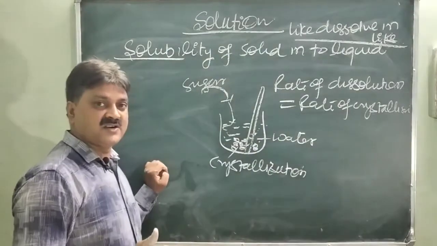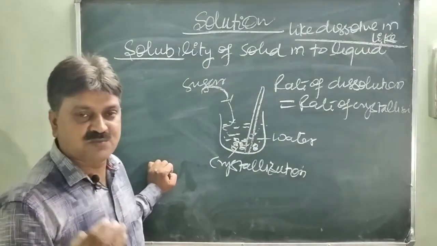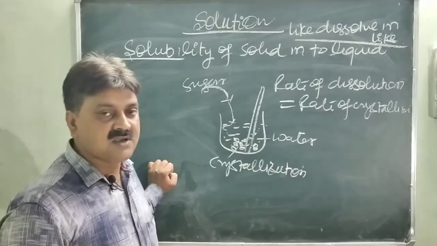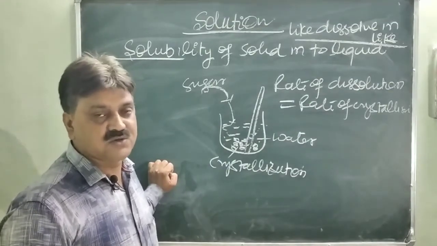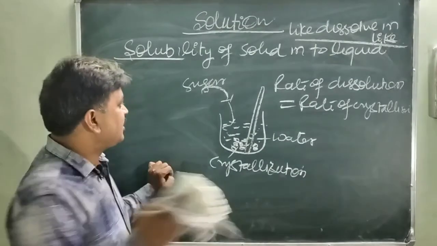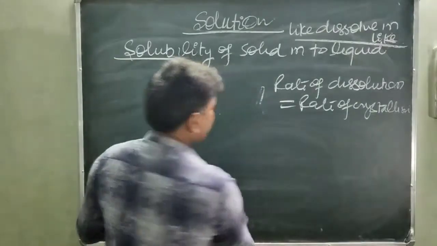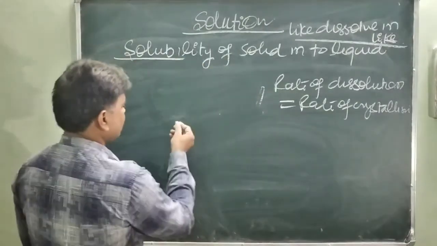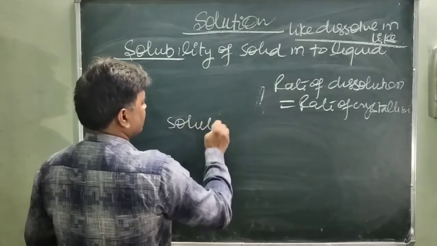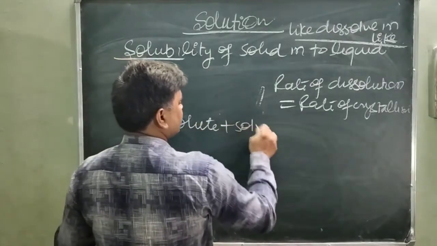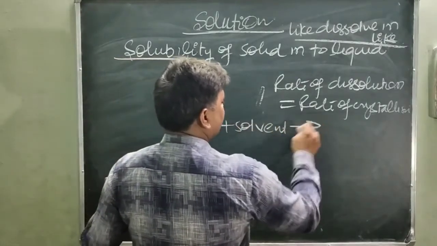So at this state, the concentration of dissolved particles and undissolved particles is equal in the solution. At this stage, an equilibrium exists between solute plus solvent and the solution.